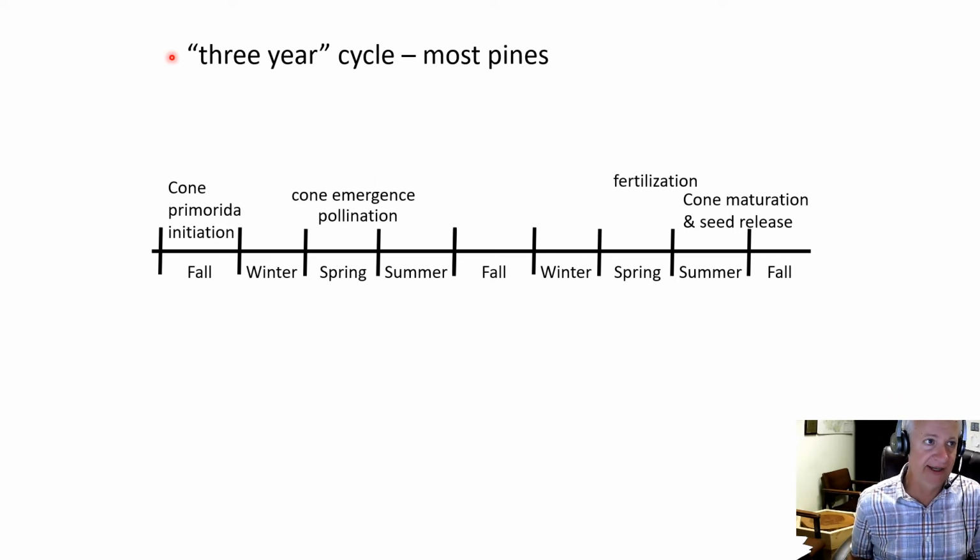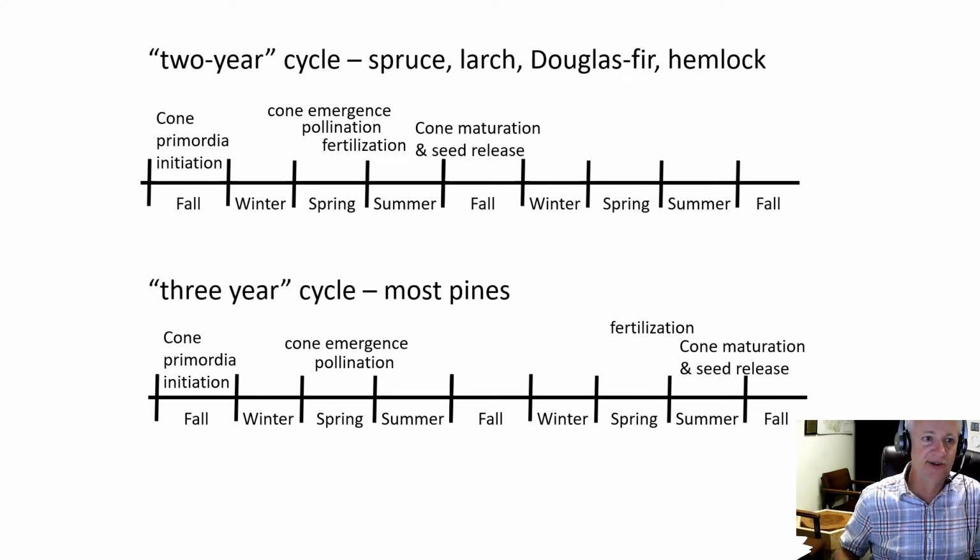So then comparing those two together again, in those 2-year cycle species and in angiosperms, that whole thing is done in 12 months, whereas put on the same scale here, pines take a 24-month period to finish that reproductive cycle.